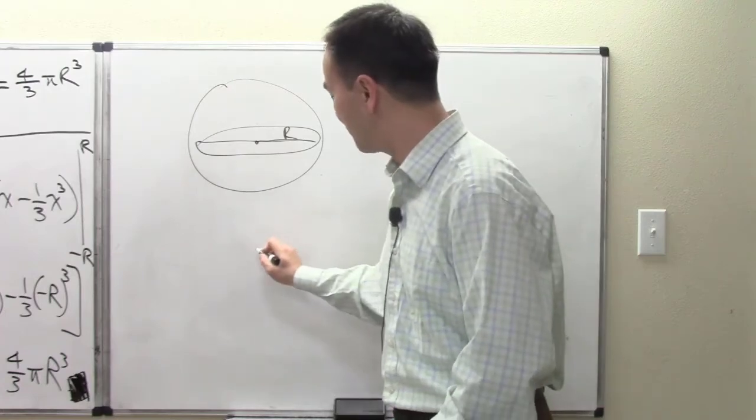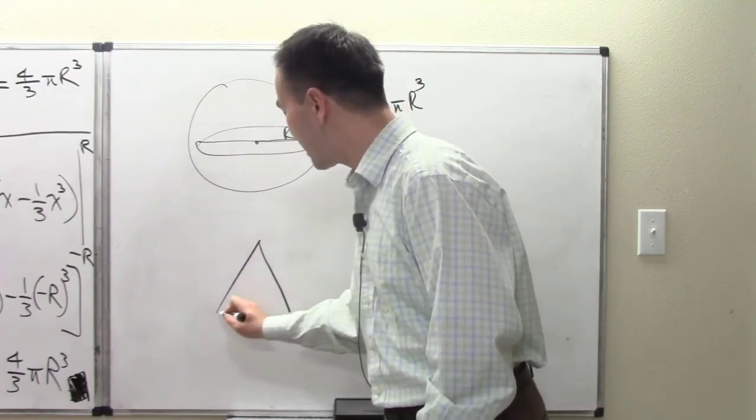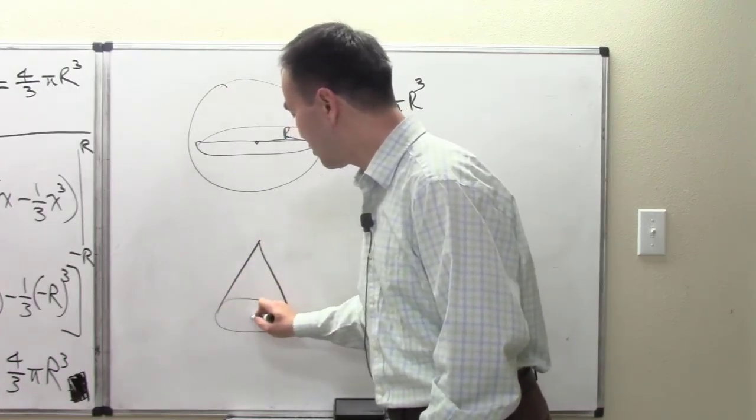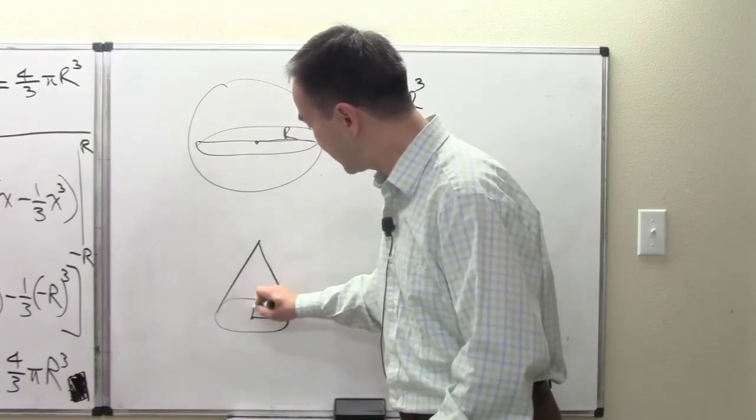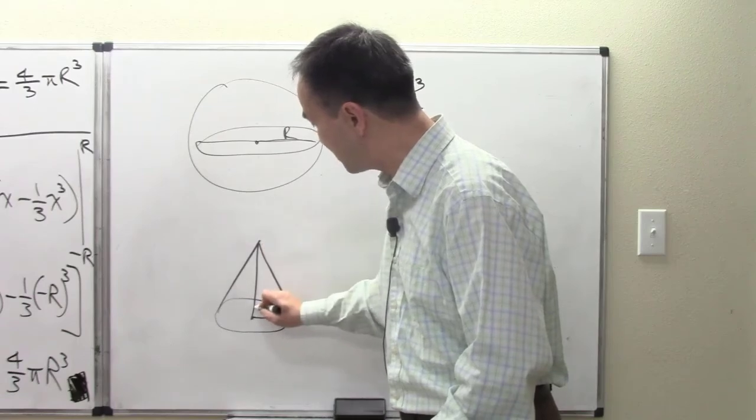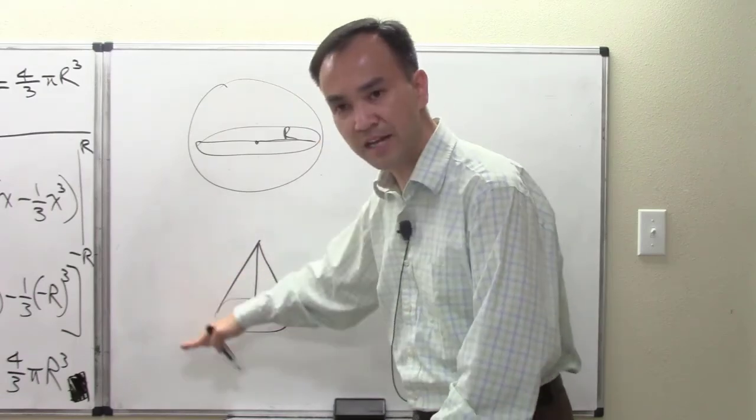Okay, so what about a right circular cone, where the base is a circular shape, and the vertex comes straight up perpendicular from where the base circle is?